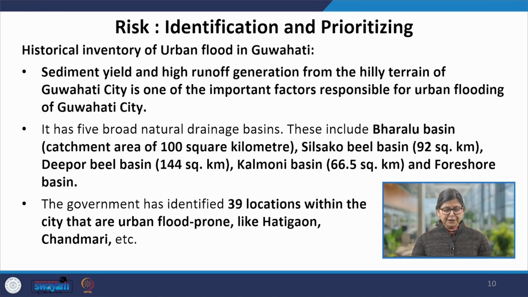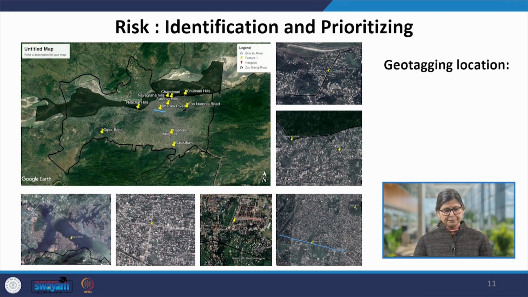The government has identified 39 locations within the city that are urban flood prone, like Hatigaon and Chandmari. Now you can see Hatigaon, you can see Chandmari, Chunsali Hills, Zoo Narengi Road I was mentioning, Bharalu River, Bashishta, Dipor Beel, Navagraha Hills here, Nilachal Hills.